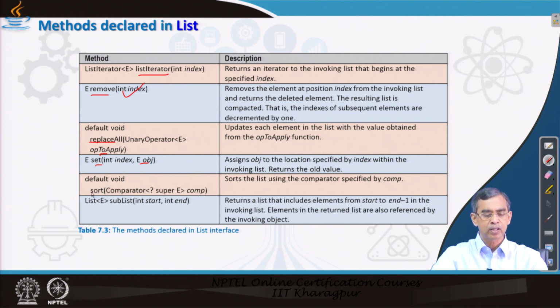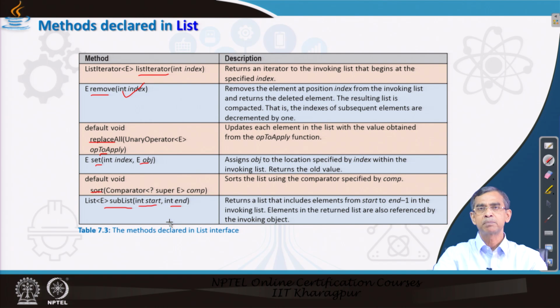And this is one more method, the sort. If you want to sort all the elements in an order, it is applicable for numeric type data. And sublist is a part of a list, starting from a particular location to an end.